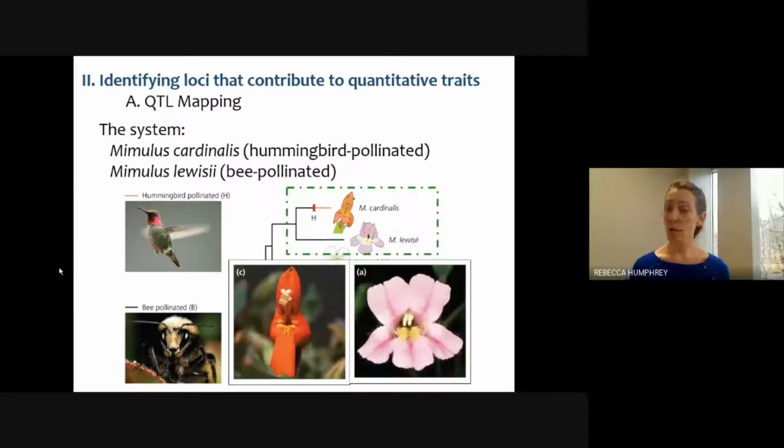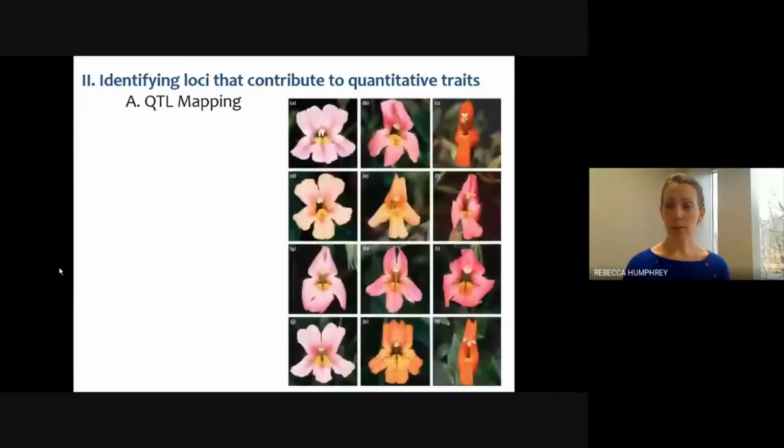They have overlapping geographic ranges, but they are pollinated by different species and they look really different. A and B here, top left and top right, are Mimulus lewisii and Mimulus cardinalis. So that's what they look like.